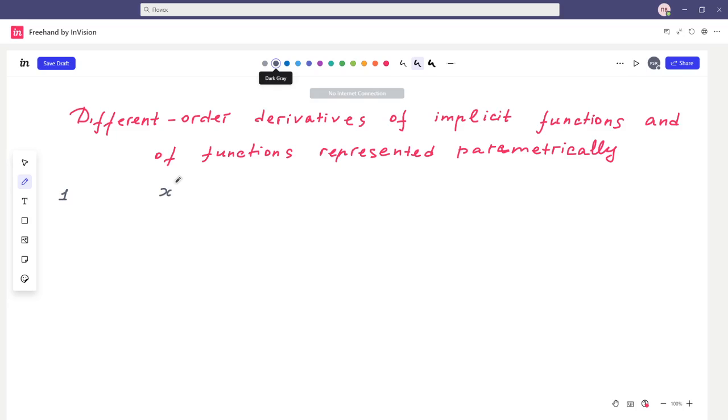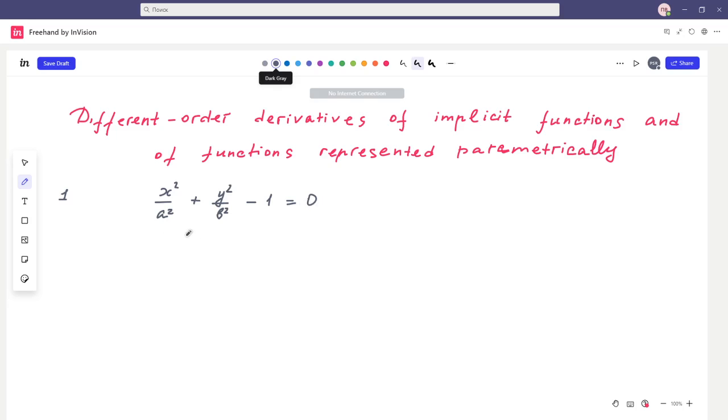x squared over a squared plus y squared over b squared minus 1 equals 0. Differentiate with respect to x all terms of the equation and remember that y is a function of x.